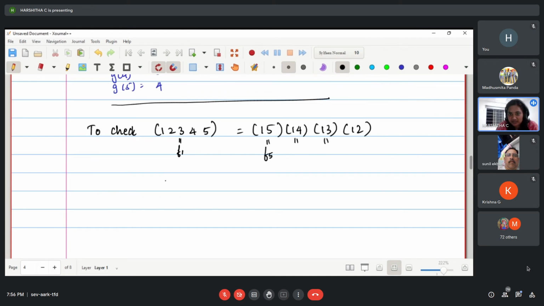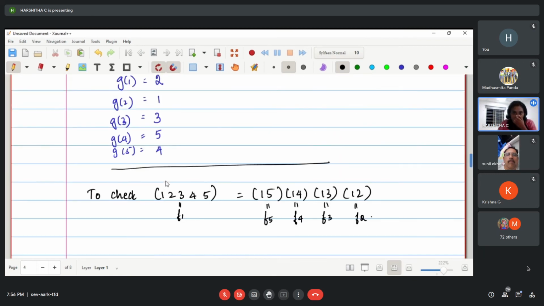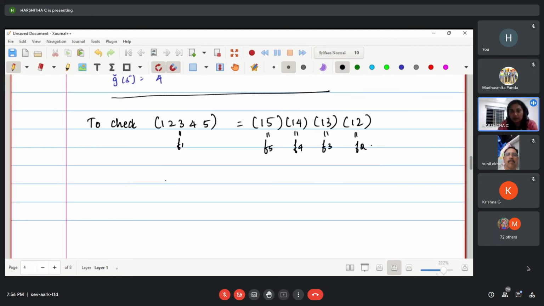A more pleasing way maybe F4, F3, F2. Okay. So what is it that we want? When we say these two are equal, what do we mean? We have F1 on one side, which is a function from S to S. We have these functions f2, f3, f4, f5.